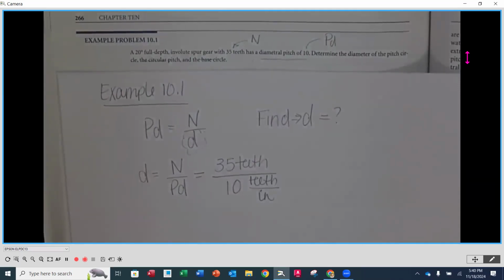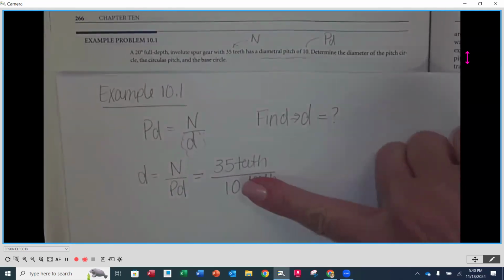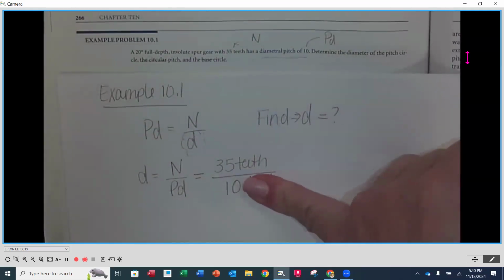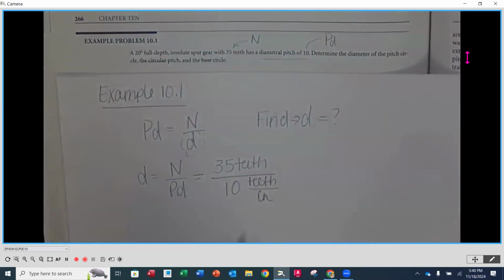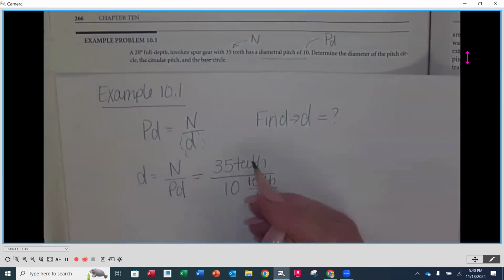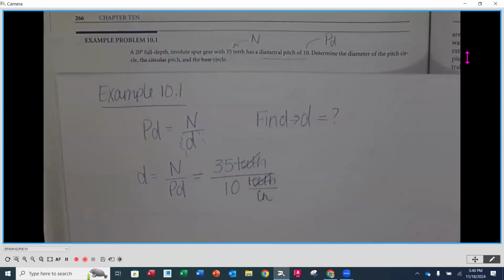We're expecting units of inches in this case. If we don't put teeth per inch here, your units that you have are just teeth. It's not right. And then if you put D is equal to 3.5 inches, it's like they magically appeared. That's not how we do things. So you have to put teeth per inch in for the pitch diameter whenever you're using it, so that your teeth cancel, and now you're left with the correct units.